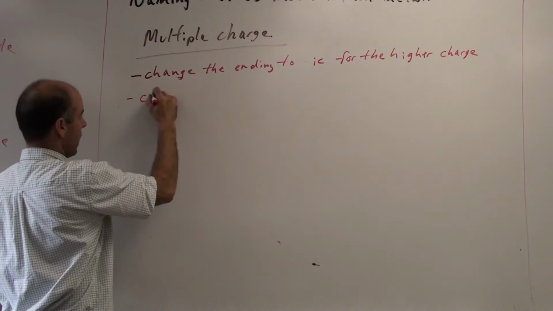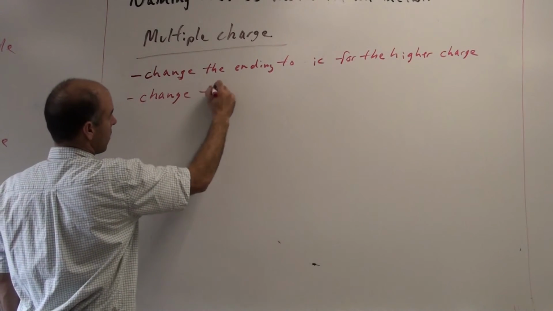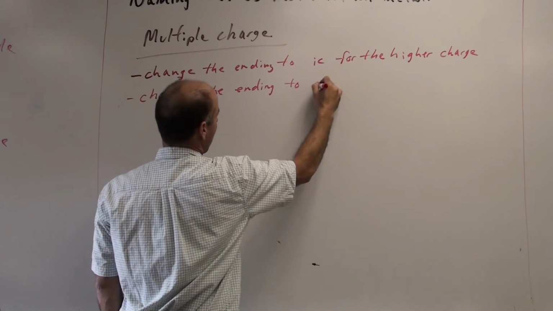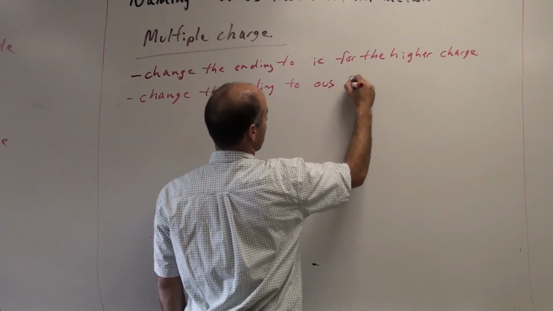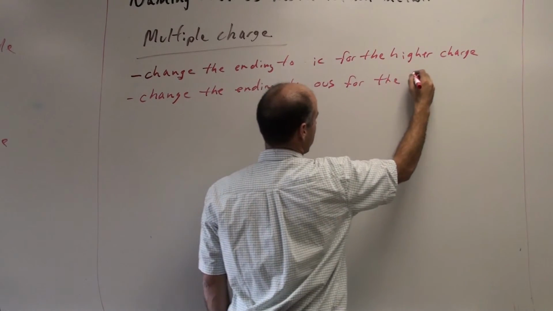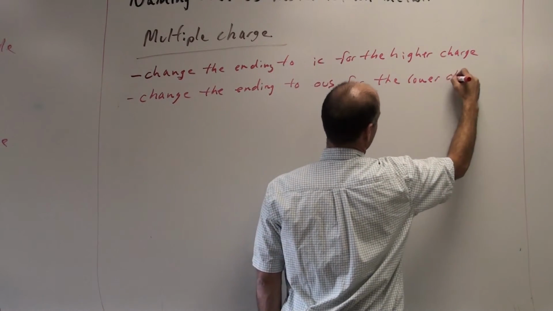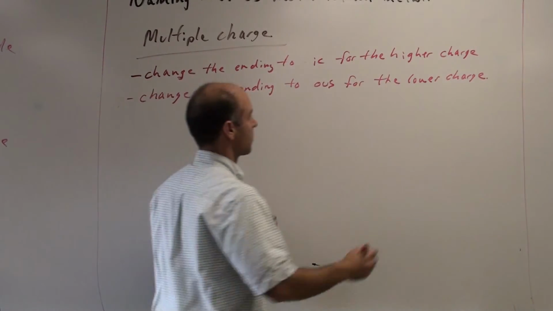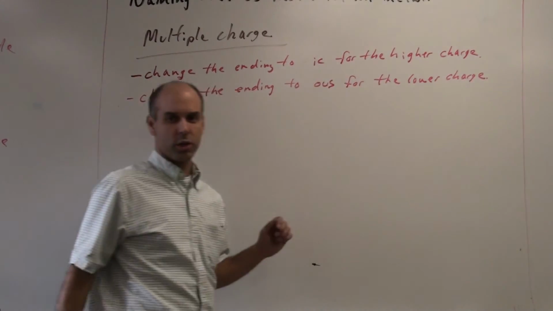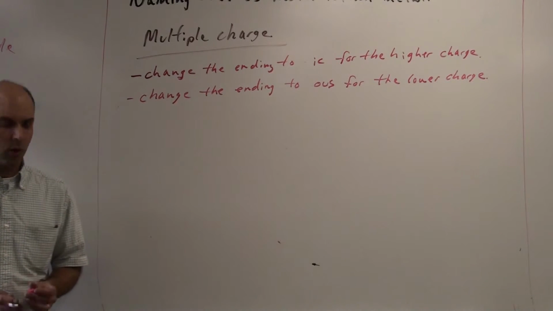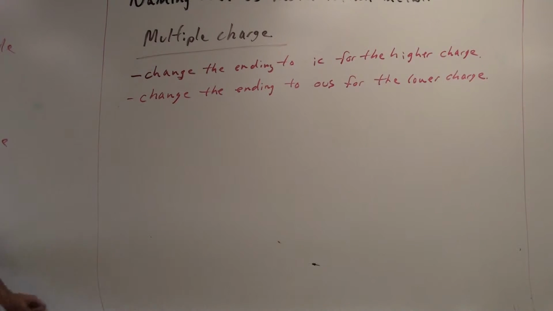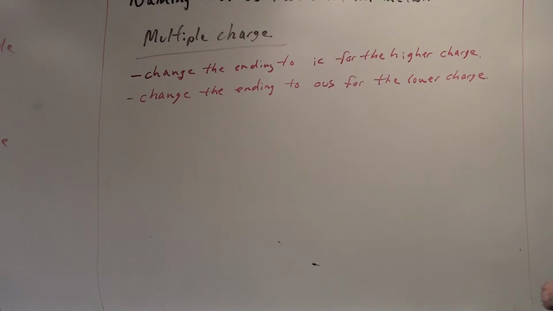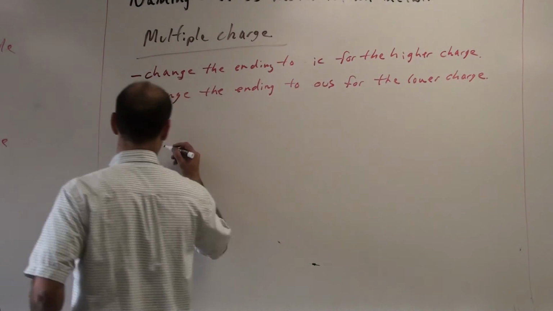And you change the ending to ous for the lower charge. So for the higher charge, you change the ending to ic. For the lower charge, you change the ending to ous. For example, let's name these two.